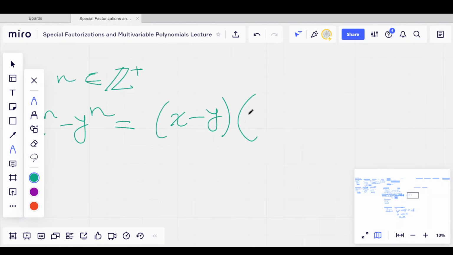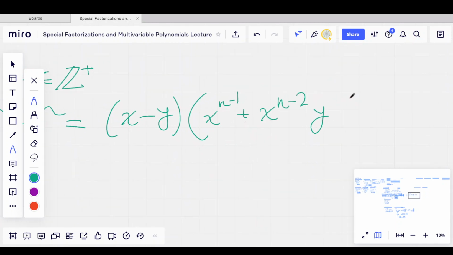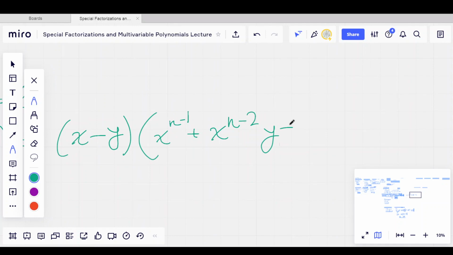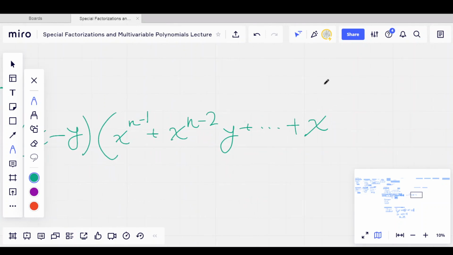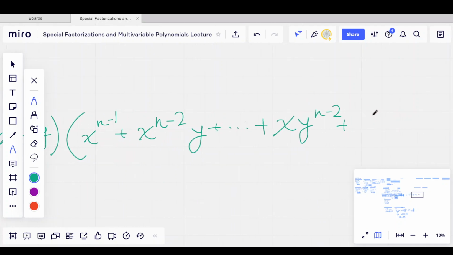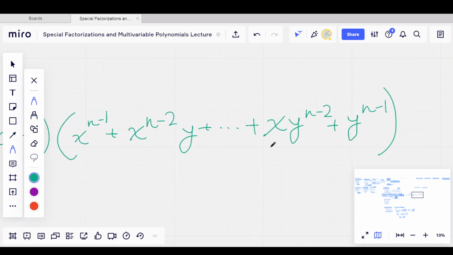So this will be just that, to the n minus 1 plus, I think it's, okay.